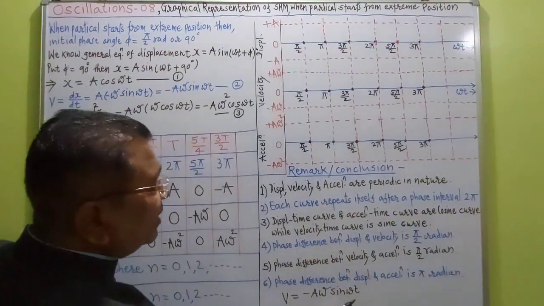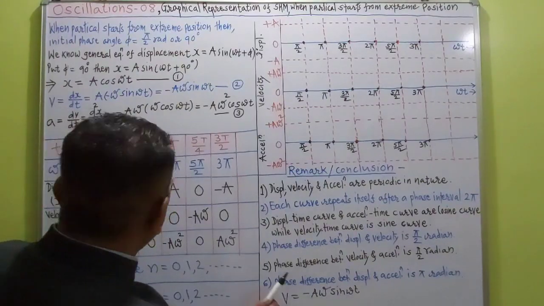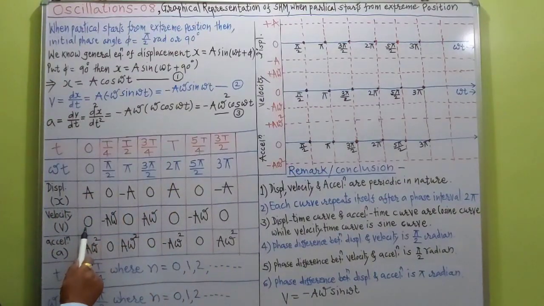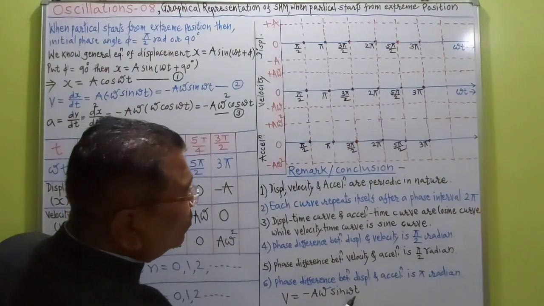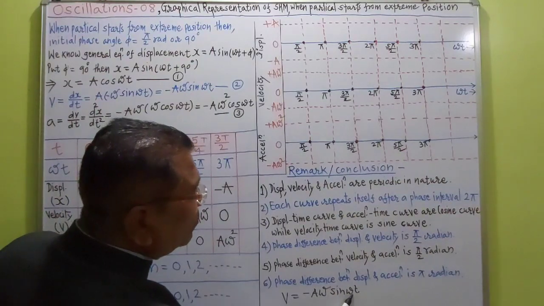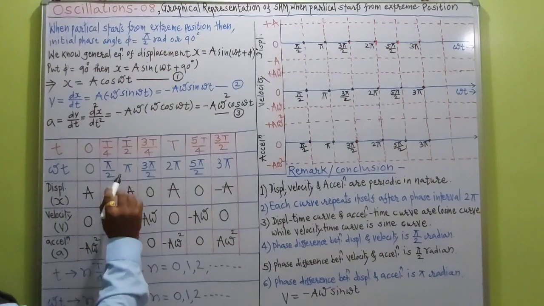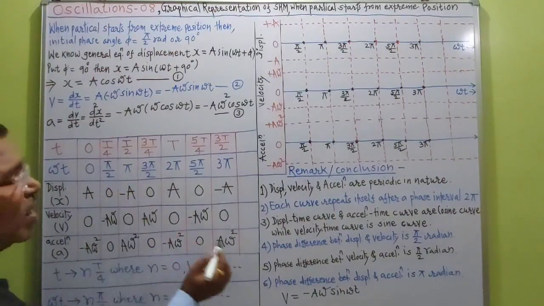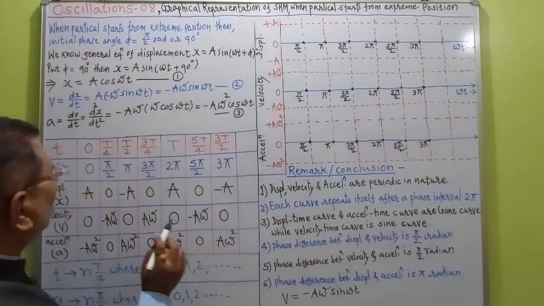Then put omega t is equal to 0 here. Sin 0 is equal to 0. 0 into minus A omega is equal to 0. Then put omega t is equal to pi by 2. Sin pi by 2 is equal to 1. 1 into minus A omega, we get minus A omega. Put omega t is equal to pi. Sin pi is equal to 0. 0 into any term, we get 0.